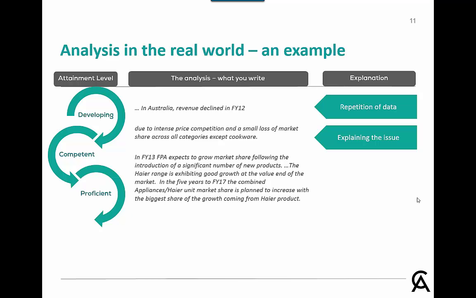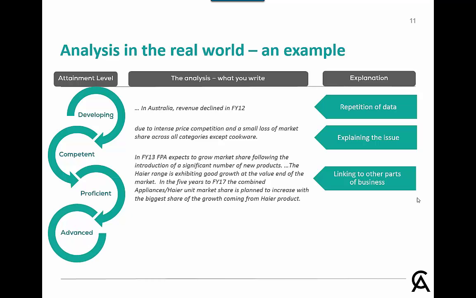In 5 years to 2017, the combined appliances higher unit market share is planned to increase, with the biggest share of growth coming from the higher product. That's linking revenue decline and revenue growth, essentially the revenue section in Australia, to other parts of the business. It's what's happening overall. That would give us our proficient.